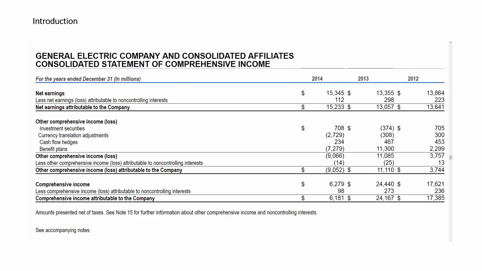Combine that with the $14 million loss of other comprehensive income attributable to the non-controlling shareholders, and we end up with the net comprehensive income attributable to the non-controlling interests of $98 million. So $112 million of regular income less $14 million of other comprehensive losses, equaling the net $98 million of comprehensive income attributable to the non-controlling shareholders.